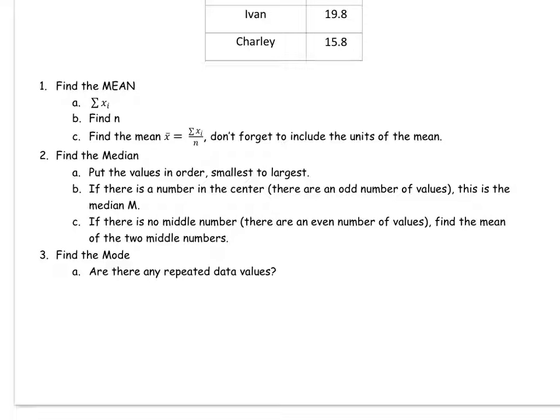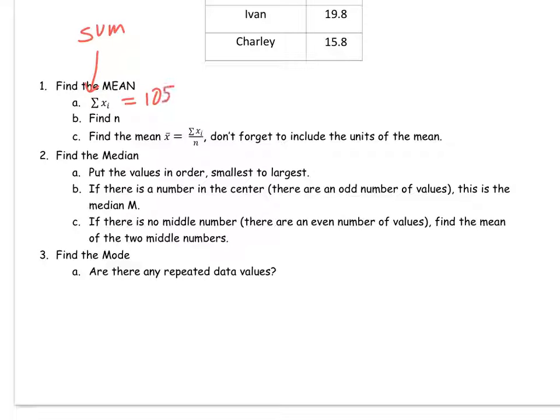First of all, let's look at the mean. Remember our notation, our sigma. Sigma means to sum. So the sum of x sub i will be all of the data values added together.